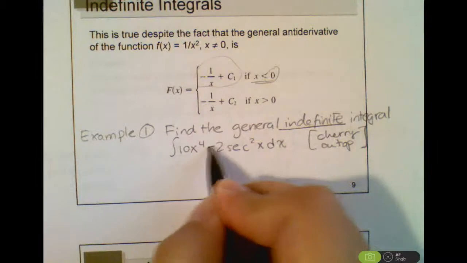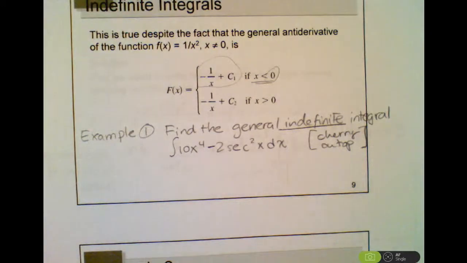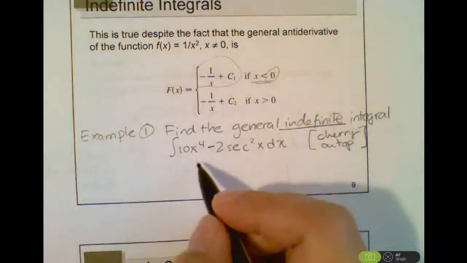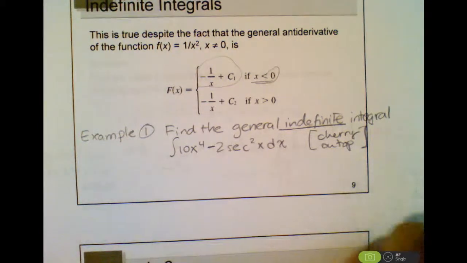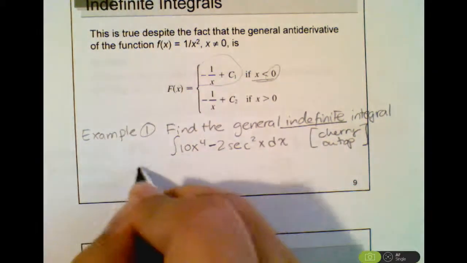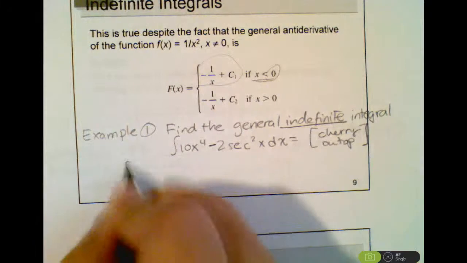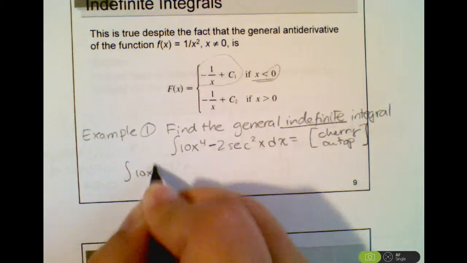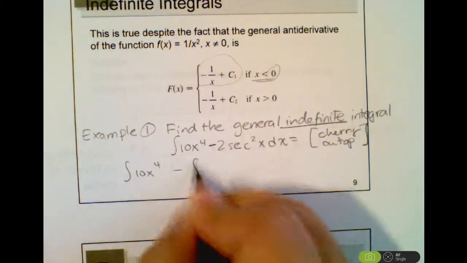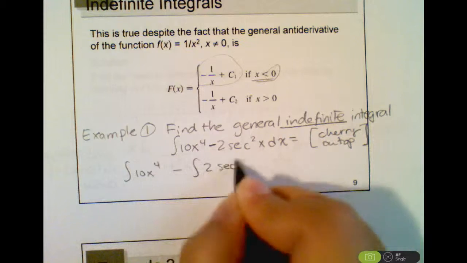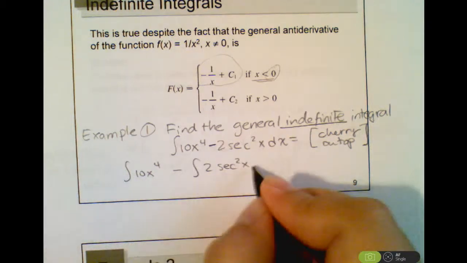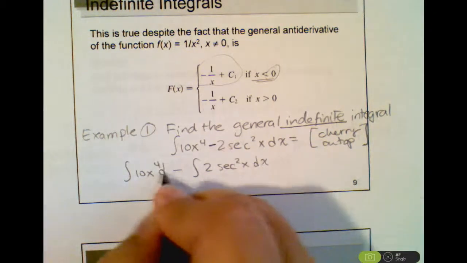Since minus is the same as plus and negative, I know I can split these two functions. So this will be the integral of 10x to the 4th minus the integral of 2 secant square of x. And you see how I made a mistake right now? I forgot the dx.